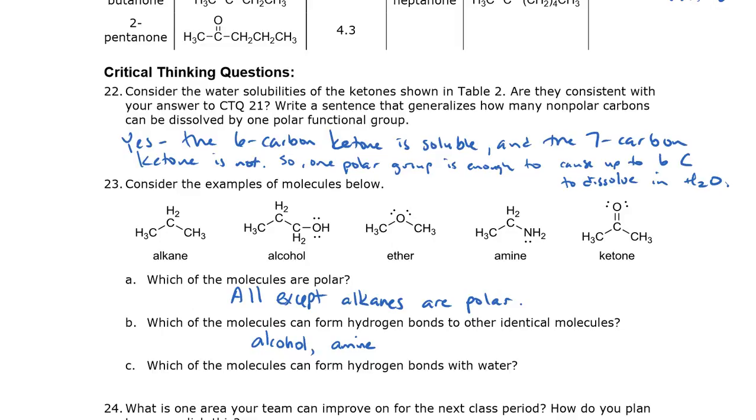All right, but question C is slightly different. Which of the molecules can form hydrogen bonds with water? So, given that you have a molecule of water, which of these molecules can hydrogen bond with the water? So pause the video and answer your question now.